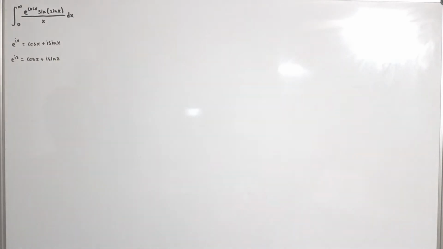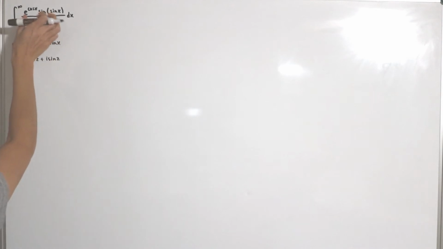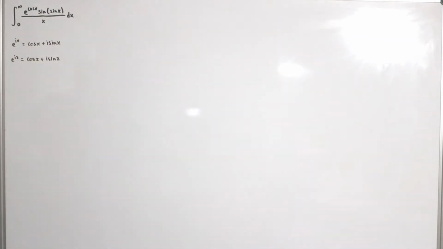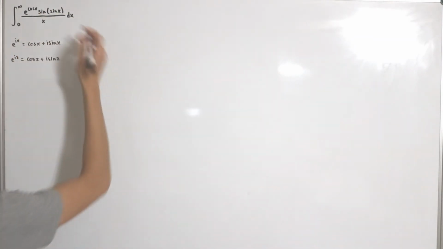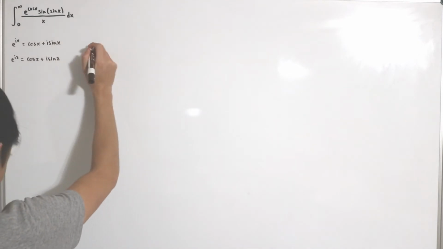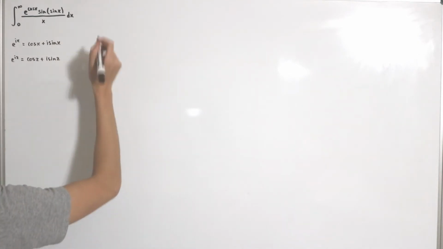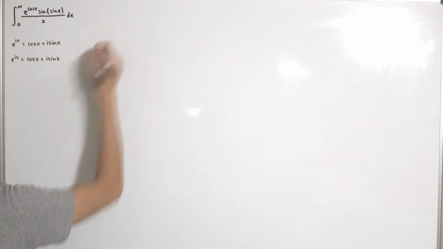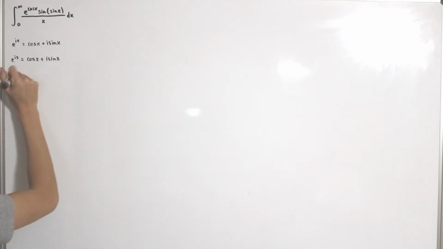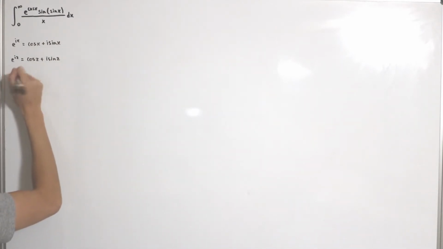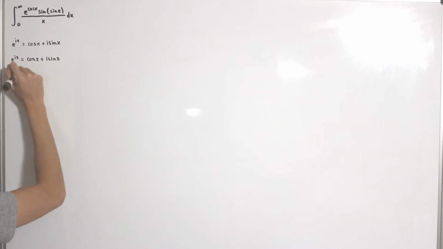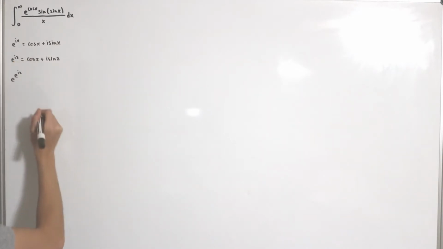Now let's rewrite the numerator a little bit differently. Why don't we write this as e to the power i times z?